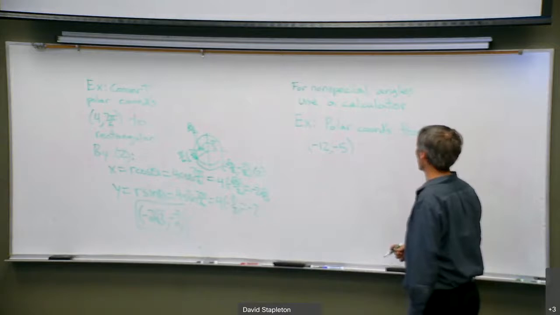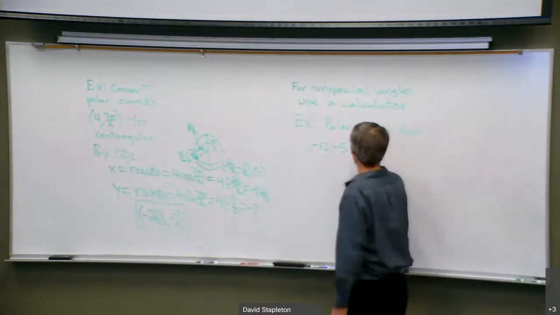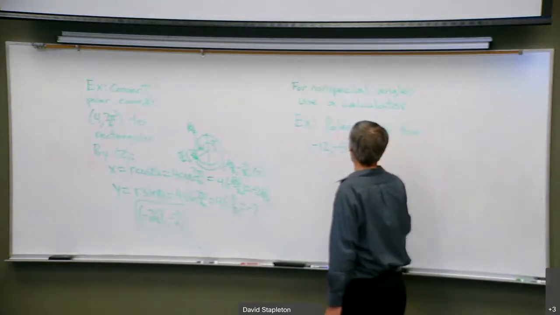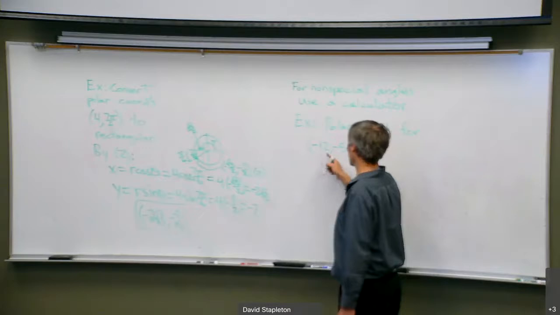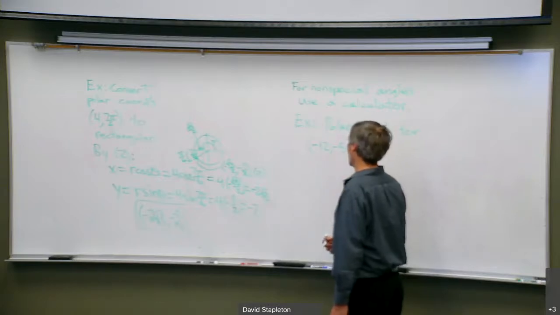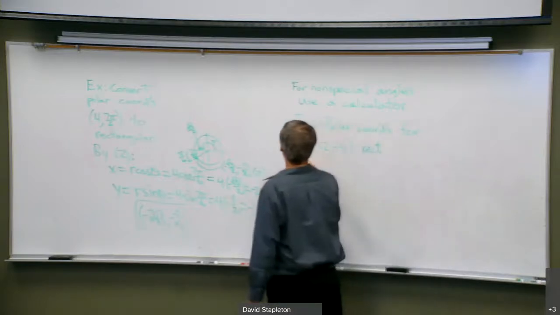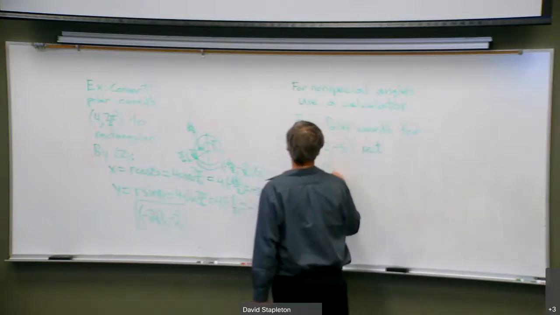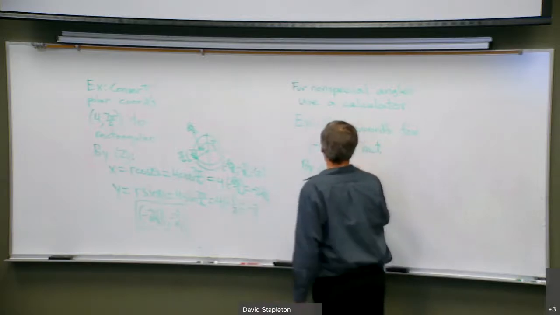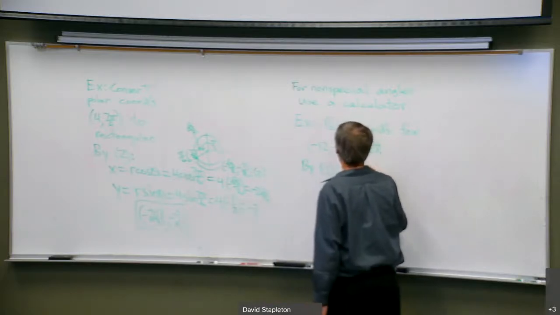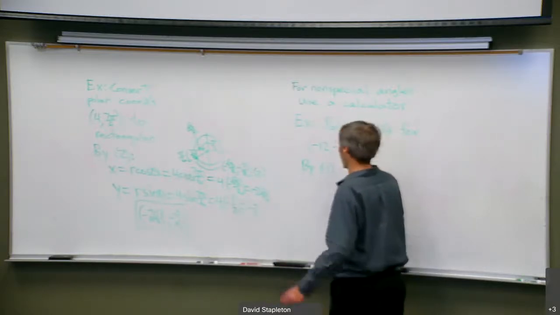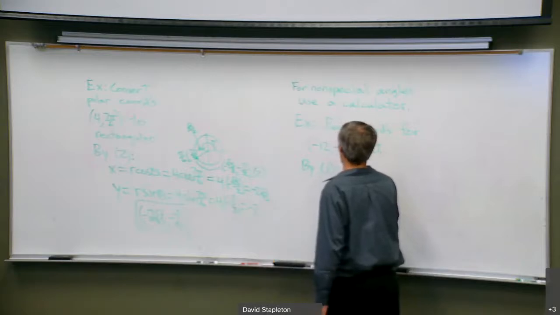The polar coordinates for those rectangular coordinates. This is x and this is y. Now I just go to equations 1 and I say by equations 1, r can be, choosing r greater than 0. Remember, you can choose it either way.